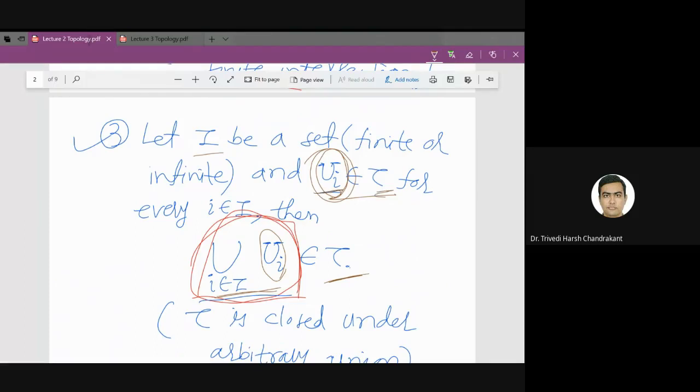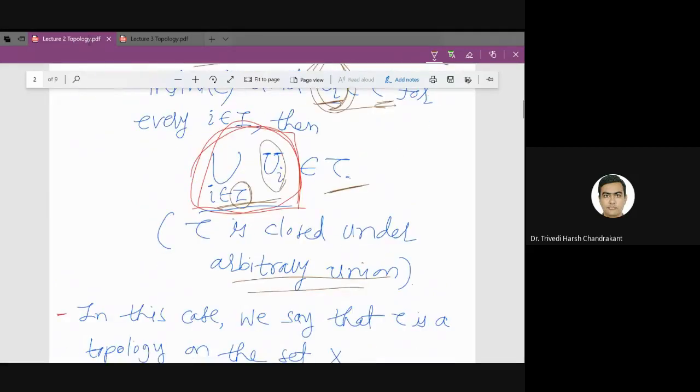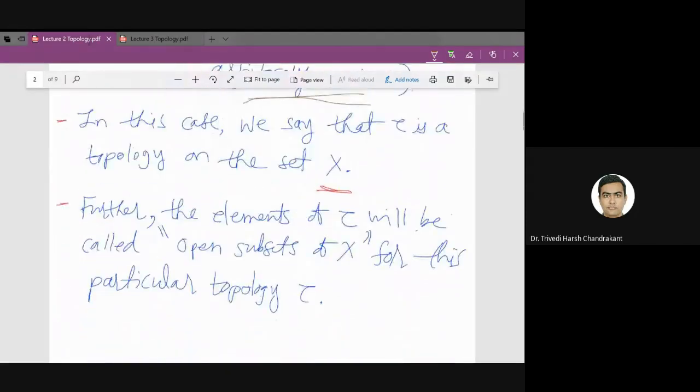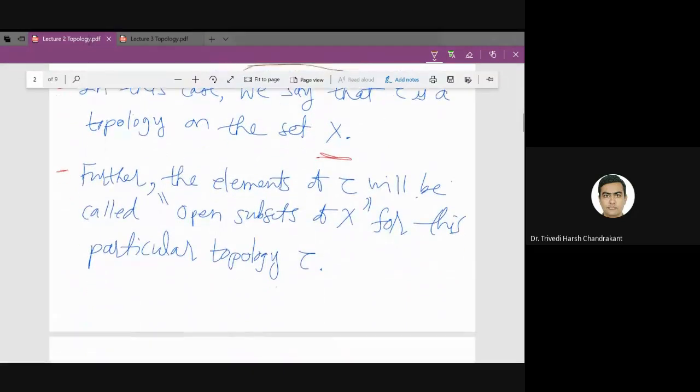It may be a finite collection, it may be an infinite collection. So it depends on what index set we are taking. Therefore it is called tau is closed under arbitrary union. And once we get such a subset tau of power set of X which satisfies these three properties, elements of tau we will call the open subsets of the given set X.